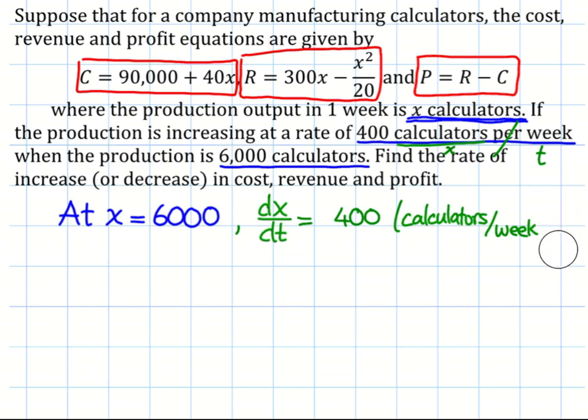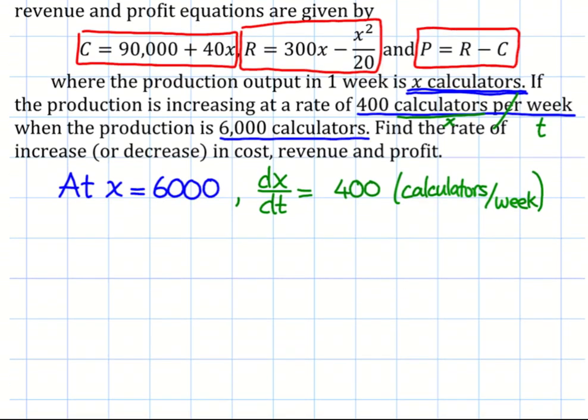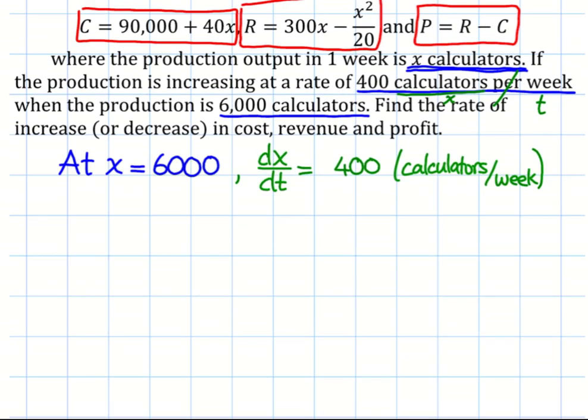Now we just find the rate of the cost, the revenue, and then the profit. Right. First, for the cost. Now if we assume both x and c are functions of t, I'll just write this. Assume everything is a function of t: cost, revenue, and profit.